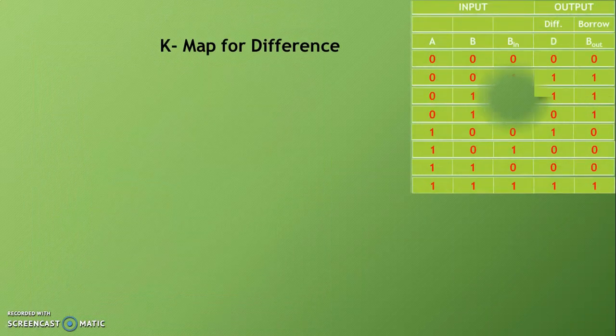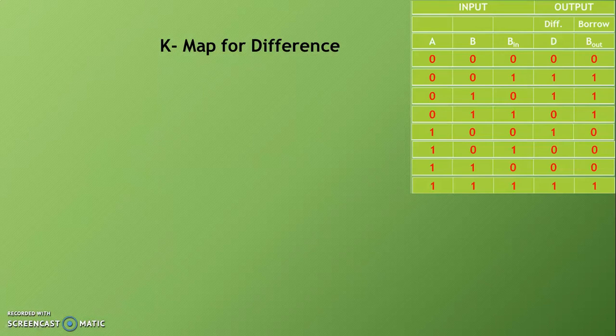Now let us prepare K-map. First, for the difference, we have truth table. For the ready reference, we can identify the minterms in the truth table for which we are getting high output in the difference. So we have respective decimal number, that is 1, 2, 4 and 7.